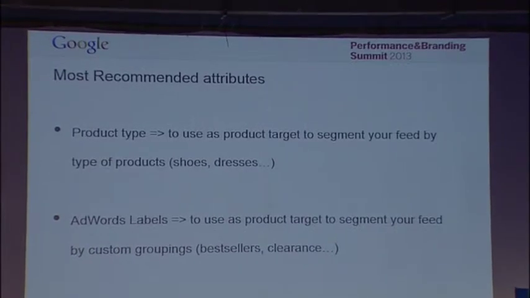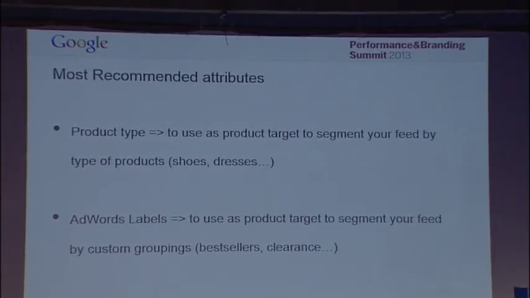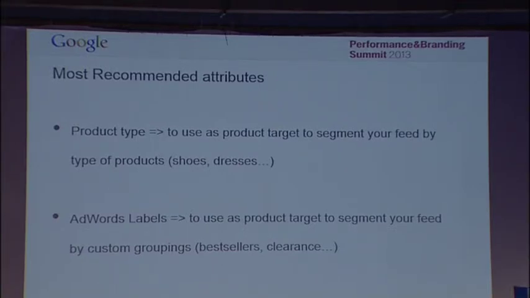The other one that's worth mentioning is AdWords labels, because as we'll also discuss later, it can be very useful to structure your campaign, because that's your custom way to group products together. So that's for the attributes. Let's move on to the next slide.